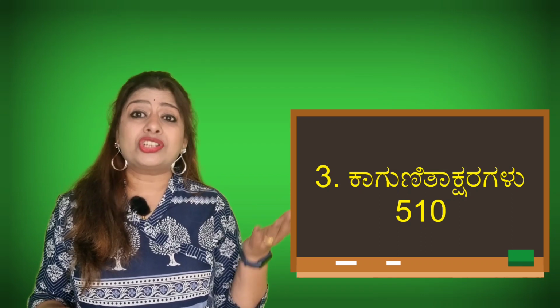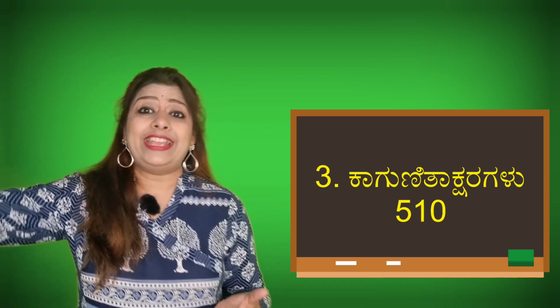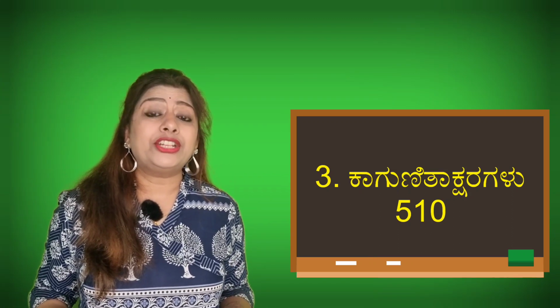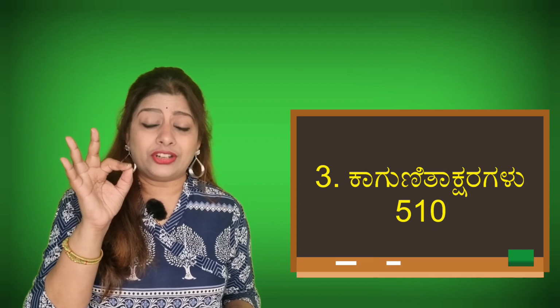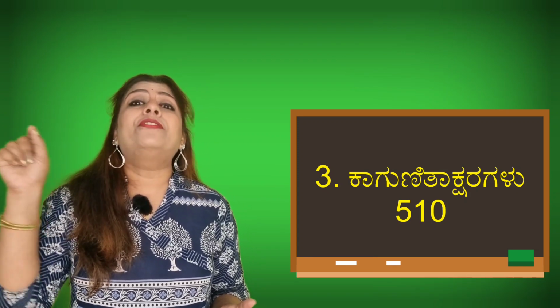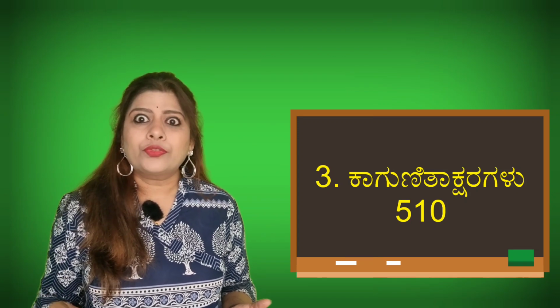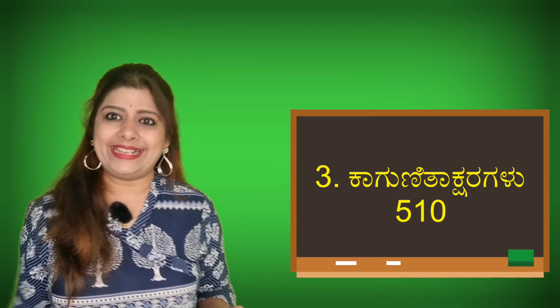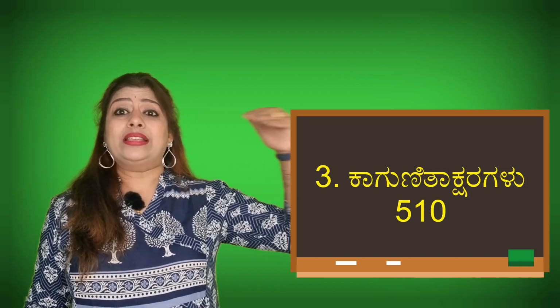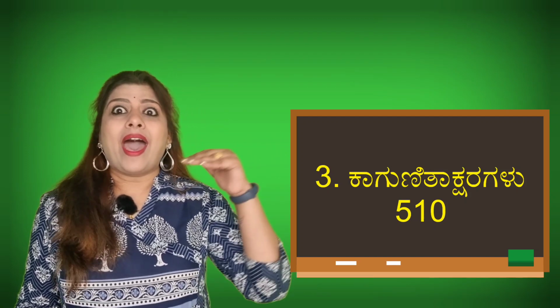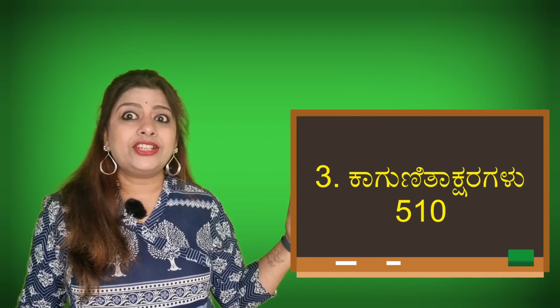And how many gunitaksharas? 15 for each. So what can the number reach? 34 vyanjana into 15 gunitas makes 480.